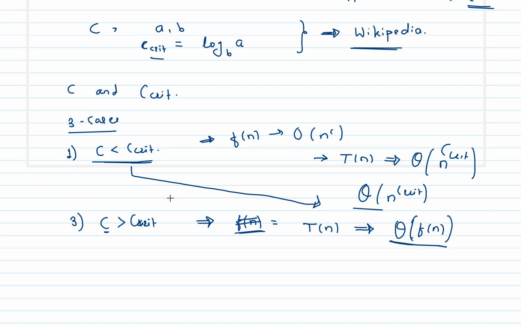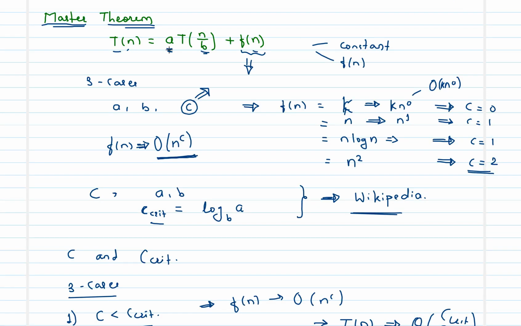So what these two cases indicate, you can just see when I calculate, what this a indicates is the number of sub problems. So what I am saying is the local computation time, how much time is required to divide a problem of size n into a number of sub problems of size n by b.